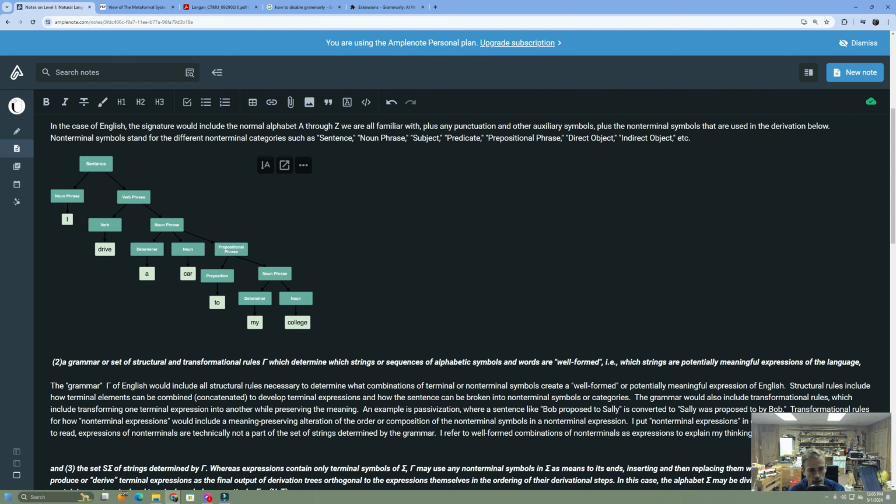And note how the direction of the terminal string from left to right, or right to left in some languages, is orthogonal to the up and down overall direction of derivation of the sentence.